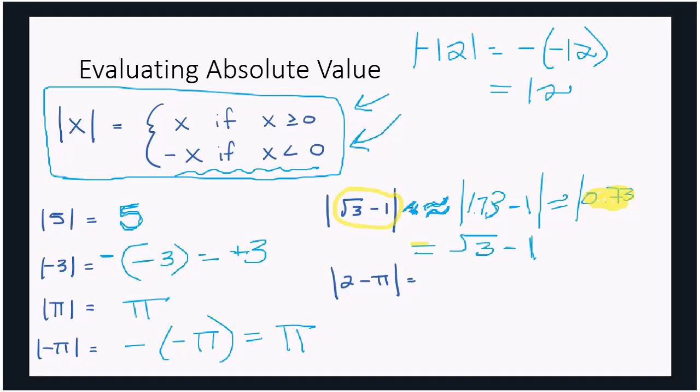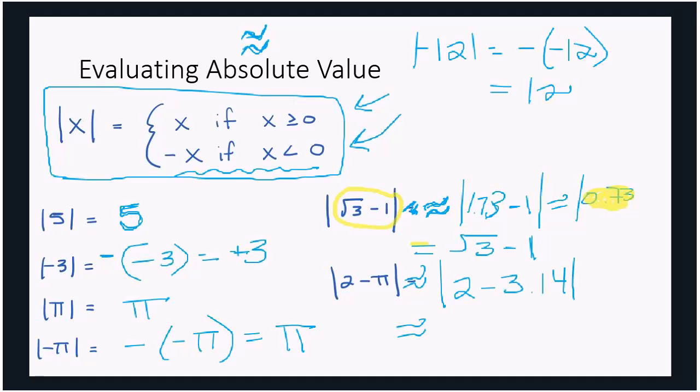So I have 2 minus pi. What I'm going to do is find out the approximate value. Instead of having your equals, you're doing the squiggly equal sign. So with the squiggly equal sign, I'm going to do 2 minus 3.14.